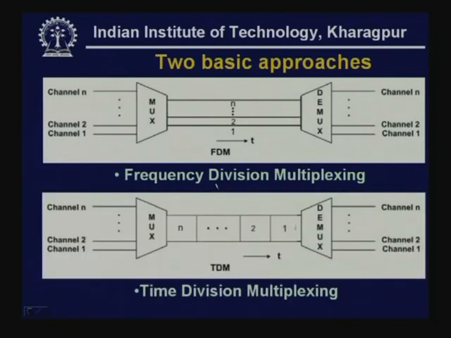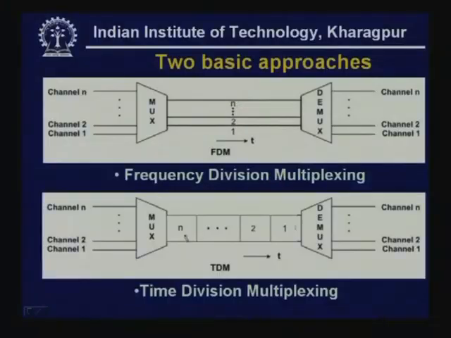The second approach is time division multiplexing. Here, as you can see, the signals are sent in such a way that in different time slots we are sending signal from channel 1, then we are sending signal from channel 2, then channel 3, and so on up to n, and this is being repeated. So, in time division multiplexing, signals are multiplexed in terms of time.